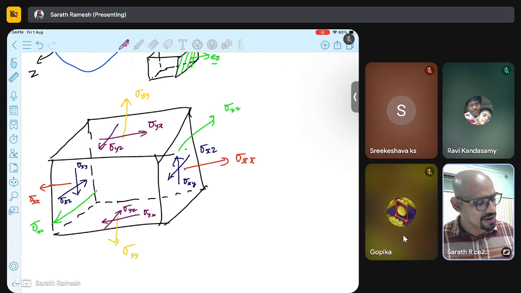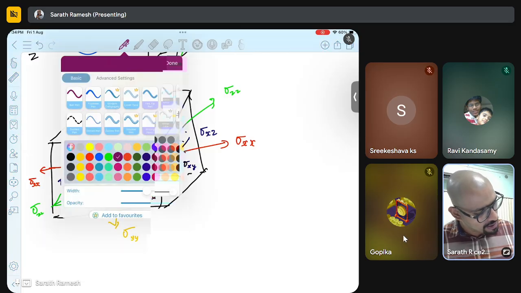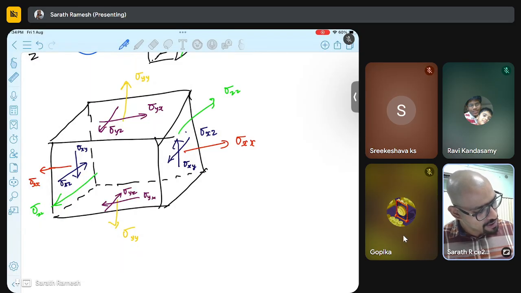It's a little difficult for me to draw, it will get confusing, but that is sigma z along x and z along y, right? The front face is the positive z. So front positive z means this will be sigma zx.